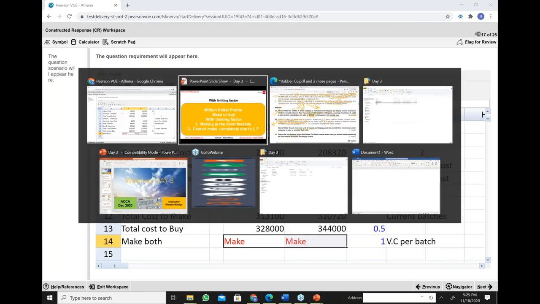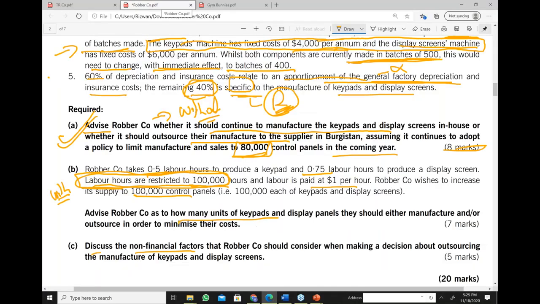Why? Because now the production is 100,000. And we only have labor hours of 100,000. Right? So because our production has increased now, we can't produce all the units due to restriction on labor hours.